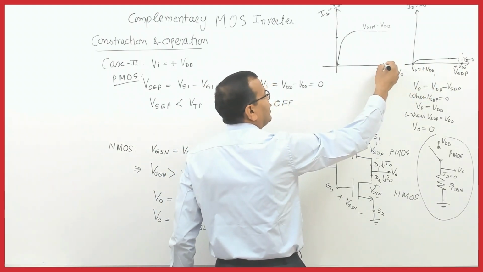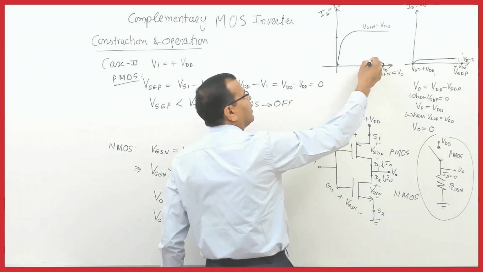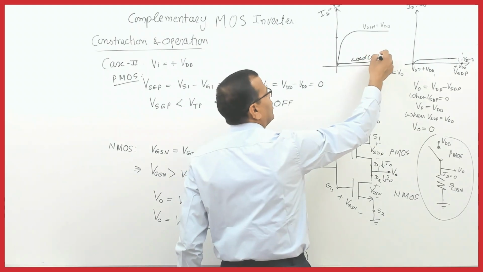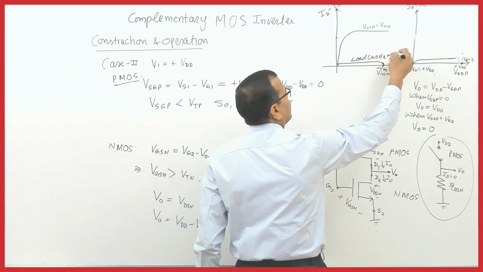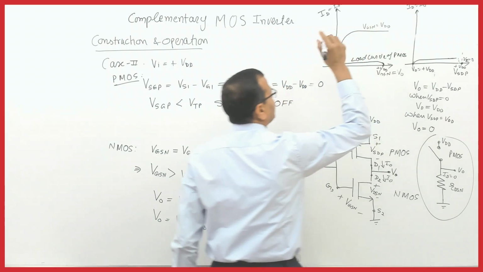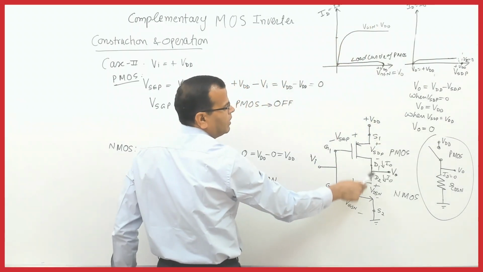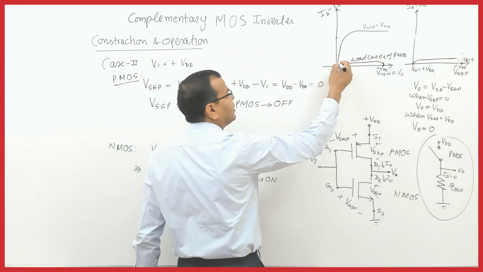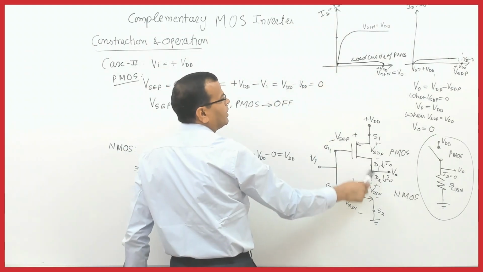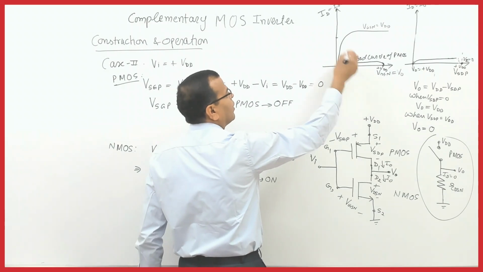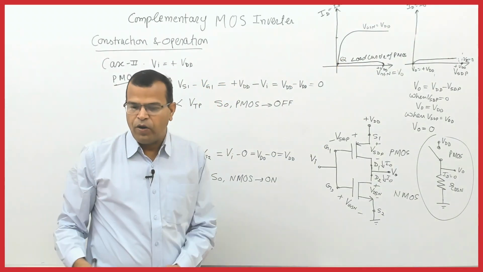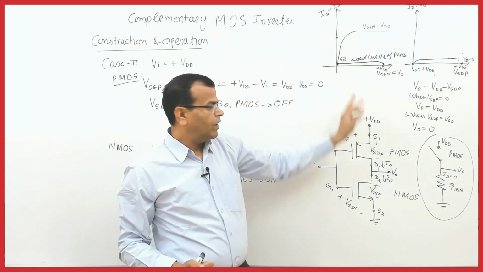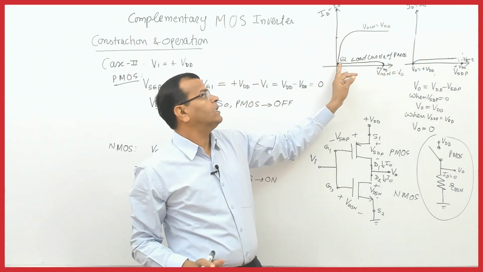What I mean to say is the characteristic will be flowing like this, and this is the load curve of PMOS. This is the characteristic of NMOS, and remember both are in series. So the only point of intersection where current is the same for PMOS and NMOS is this, and this is the Q point. And if you see the previous case, the drain current was negligible when input was 0, and in this case also this is the Q point.